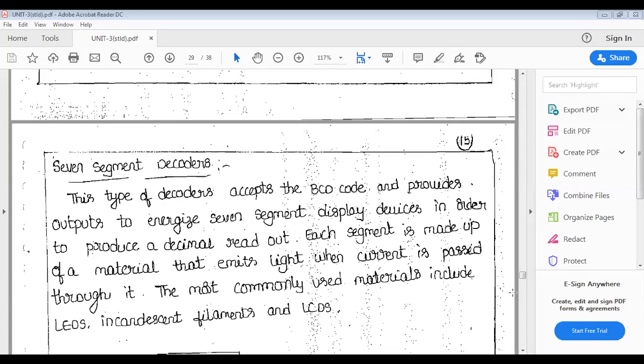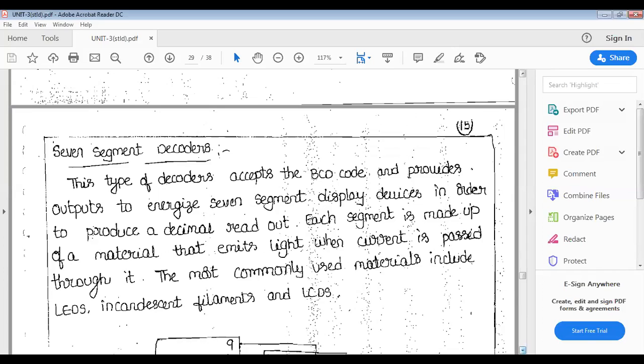7-segment decoder, or we can call it the BCD 7-segment decoder. This type of decoder accepts the BCD code. The input is a BCD code, so it is also called a BCD 7-segment decoder, and it produces the outputs to drive 7-segment display devices in order to produce a decimal readout.